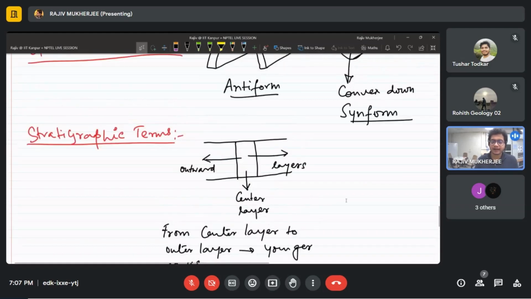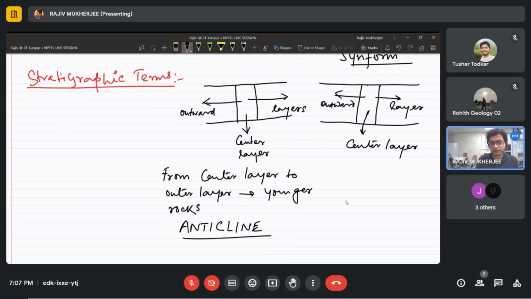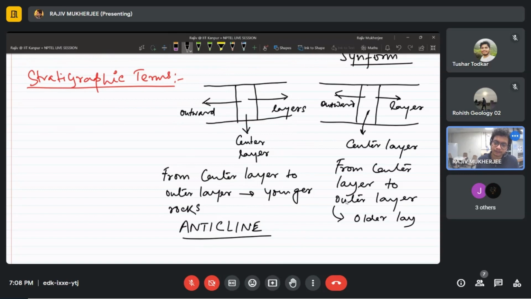Okay, and if we see that this is the central layer, a center layer going outward, if you see older layers, then it is called syncline, right?